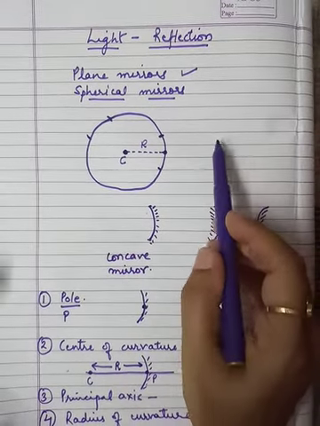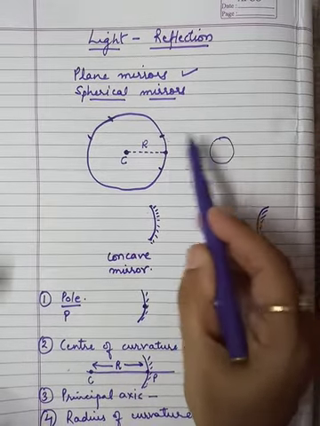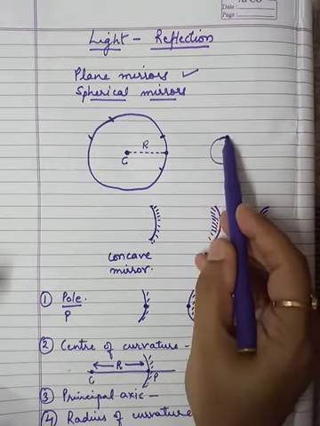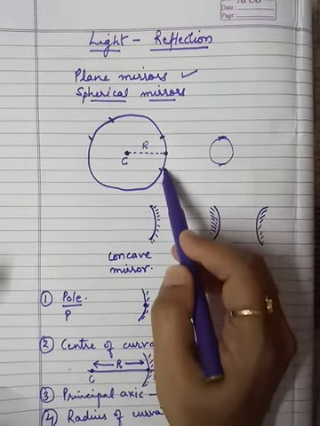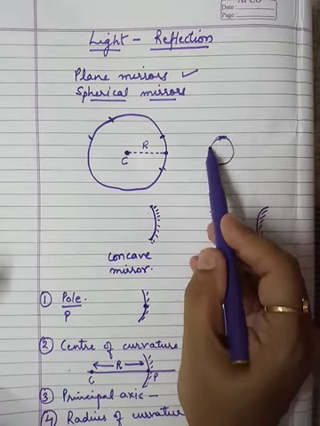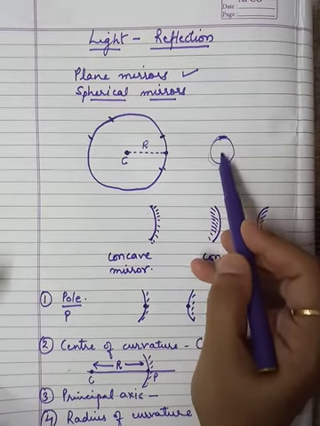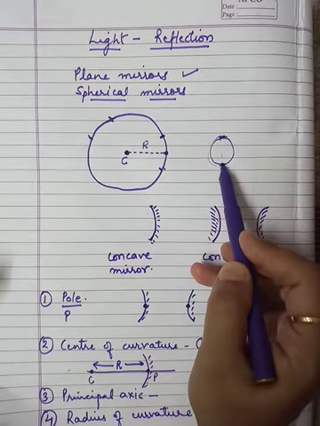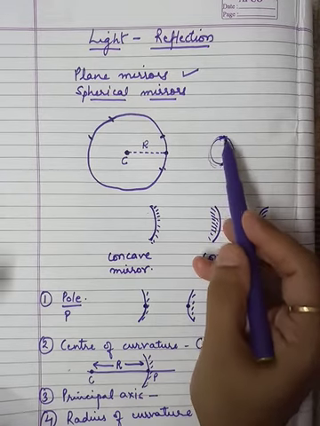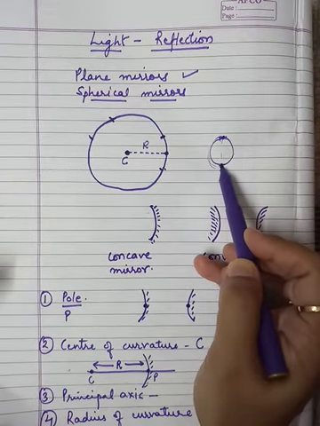Suppose the circular piece is like this, from this to this we have cut. The size will be considered as the diameter of this circle. So this is known as the aperture.